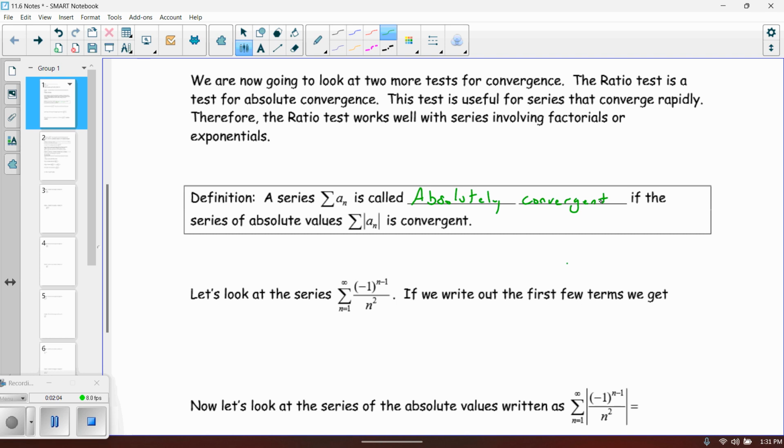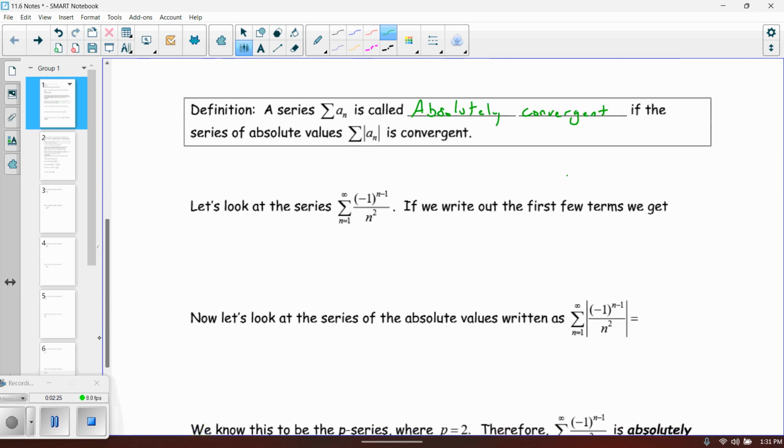So let's take a look at what that actually means. You've got a series which may or may not have all positive values, but then you take the absolute values of all the terms and you can add them up, and if that's convergent, then it's called absolutely convergent.